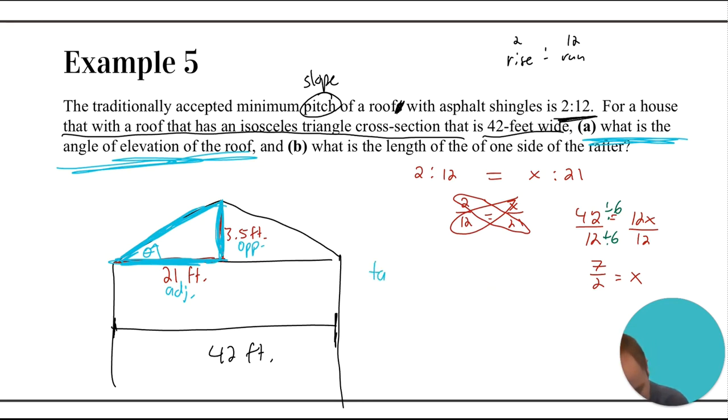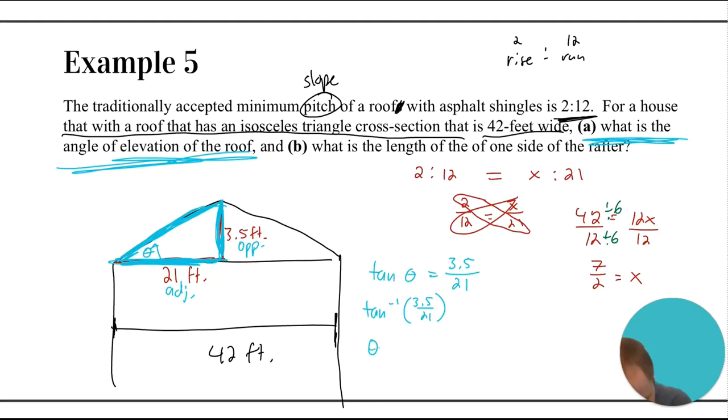So the tangent of that angle should be equal to 3.5 over 21. So the angle itself would be the tangent inverse of 3.5 over 21. And that gives you about 9.46 degrees. That addresses that first question that was asked of us here.